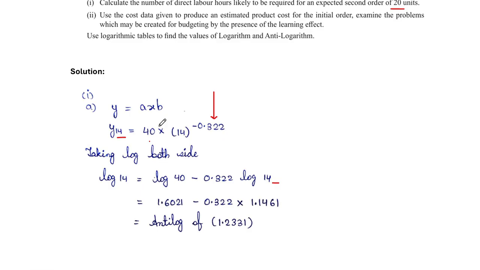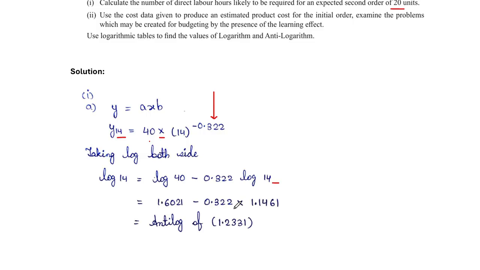As per the log rule, multiplication will convert to addition. This we have already seen in learning curve part 1. Now the log 40 value is 1.6021. So don't worry students, all details will be given in the question.